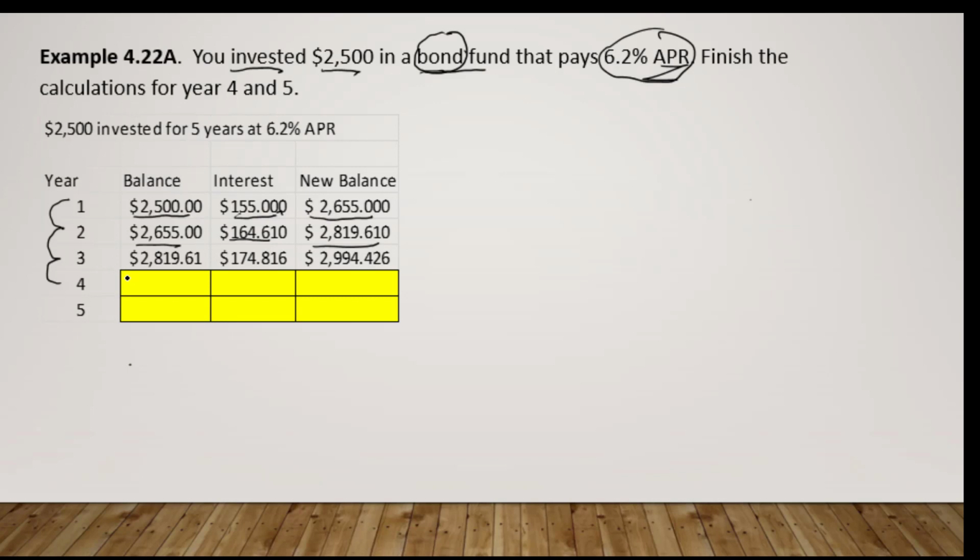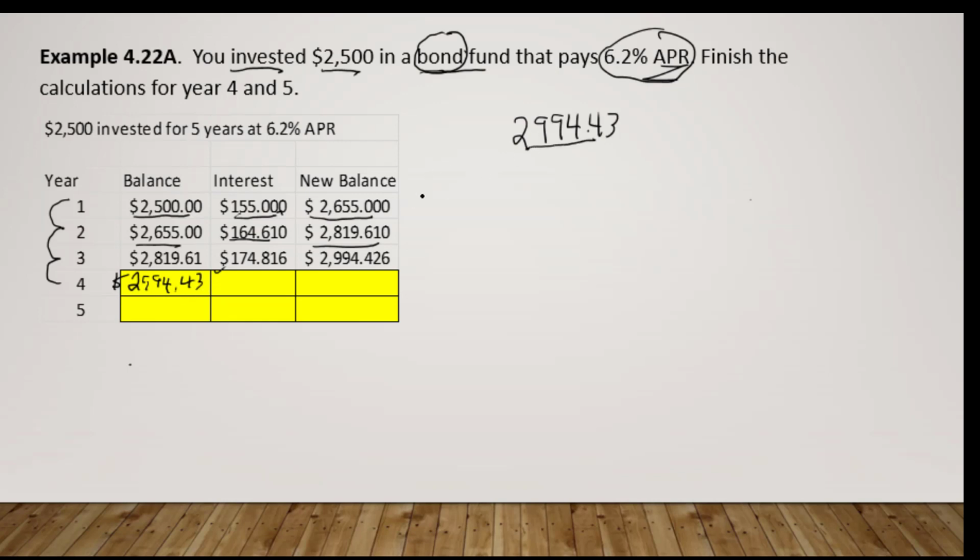Now for year 4, what is your starting balance? And you should have said, well, it's 2994.43. So you have 2994.43. Now, how much interest are you going to get in year 4 based upon your new balance this year?